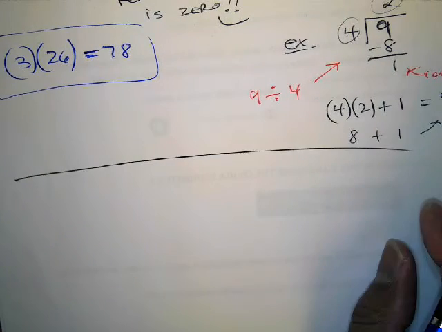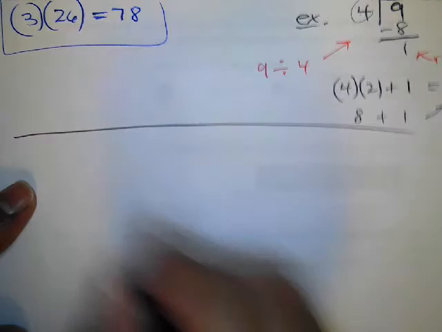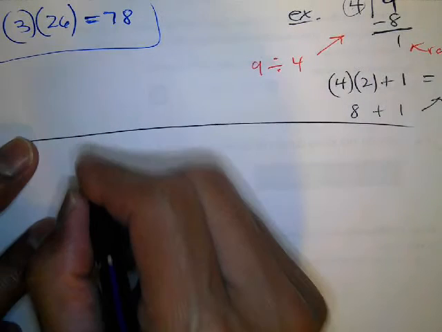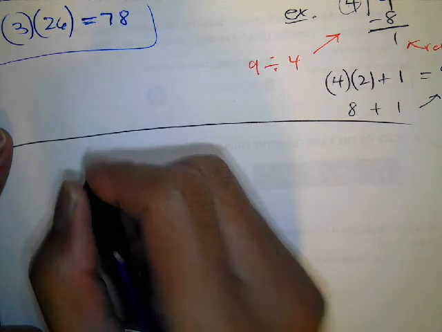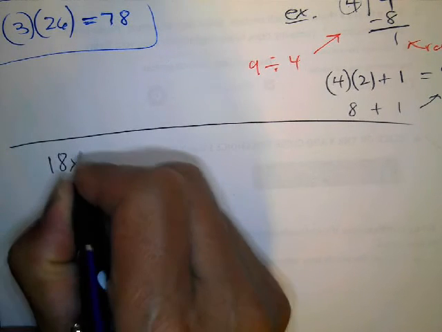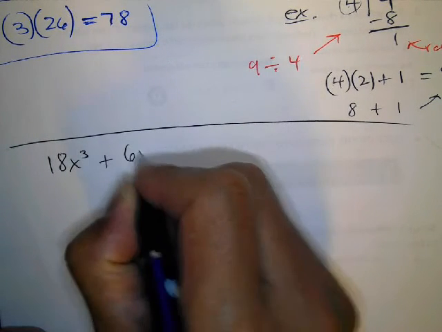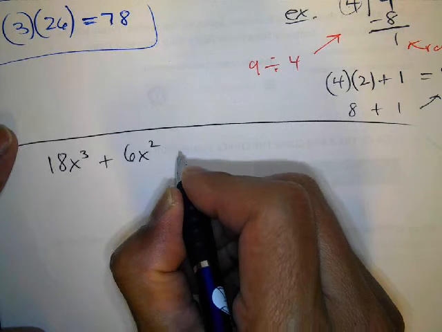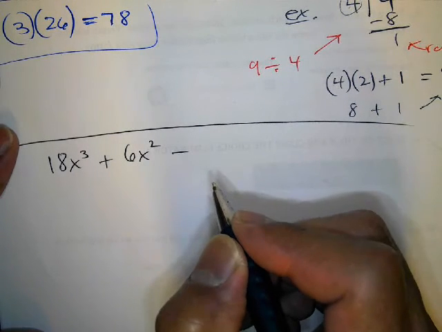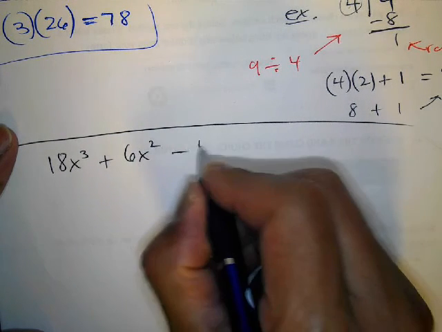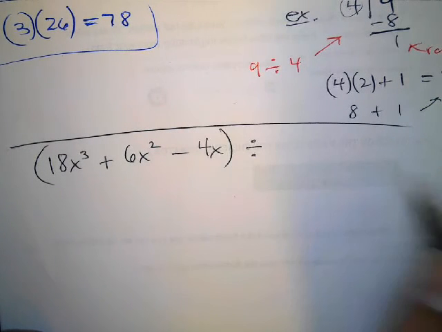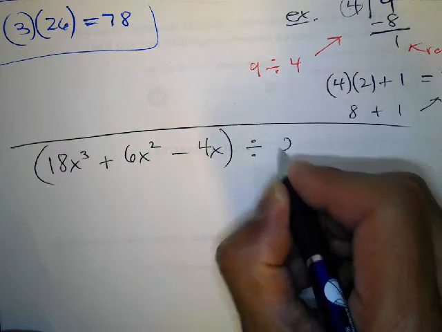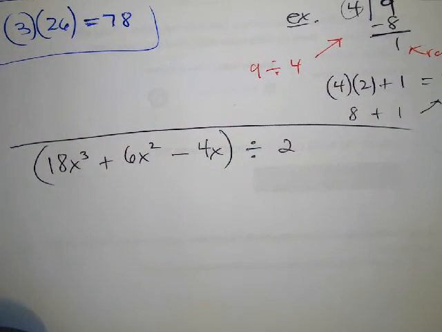For polynomials, I'll just do another easy one again. Let's try something like 18x cubed plus 6x squared minus 4x divided by 2.